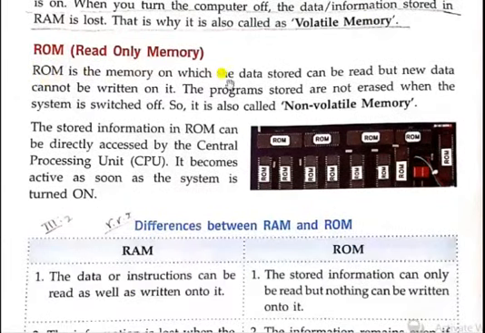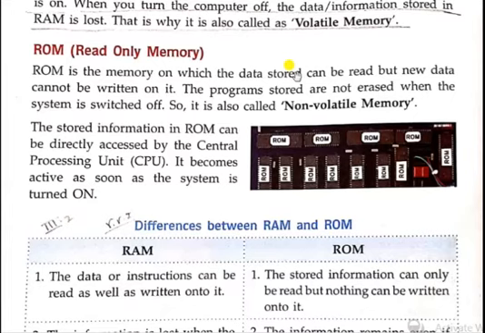ROM is the memory on which the stored data can be read, but new data cannot be written on it. The programs stored are not erased when the system is switched off. So it is called non-volatile memory, whereas RAM is called volatile memory. ROM stands for read only memory. It is a permanent memory. The information once saved cannot be changed. It stores the instructions for the computer to start or shut down.